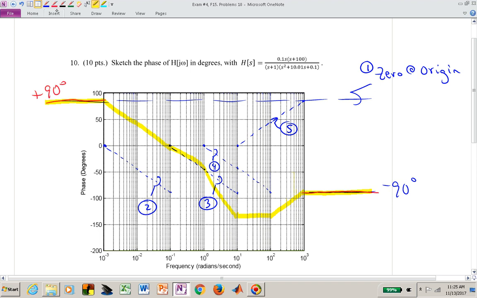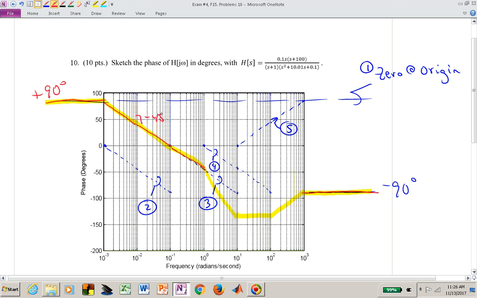So my phase curve now is what I've highlighted in yellow. I'm going down from 90 degrees to 0 over this 2-decade interval from 10 to the minus 3 to 10 to the minus 1. Then I continue sloping at that same 45 degrees per decade.